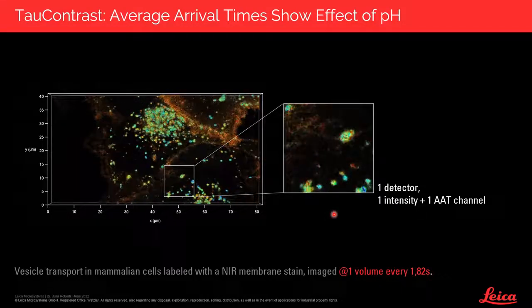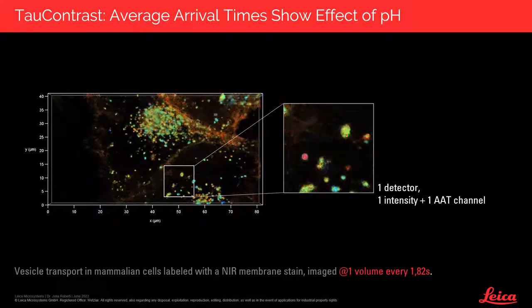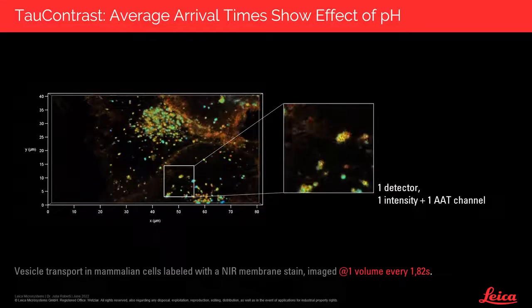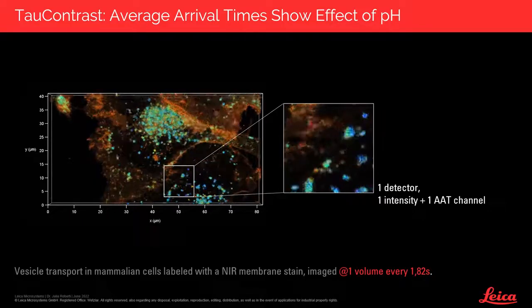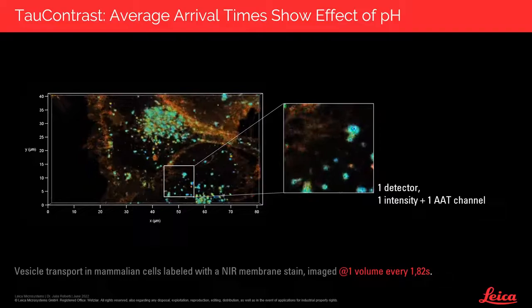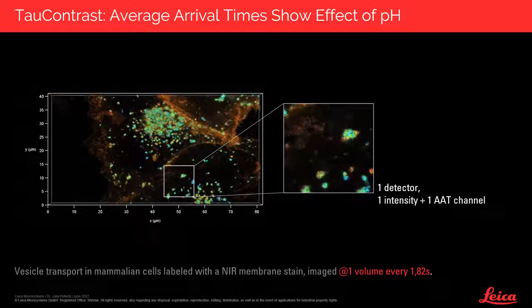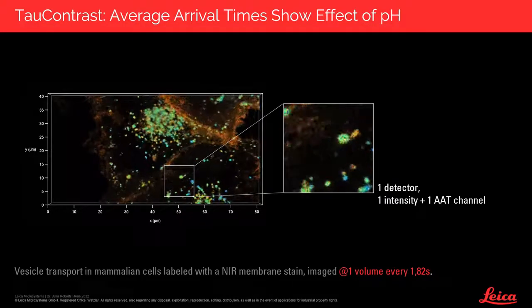And that is the environmental change that we are exploiting and mapping as a color palette, together with the intensity that we already got from the confocal experiment. And this happens simultaneously and from the same measurement that we are acquiring.